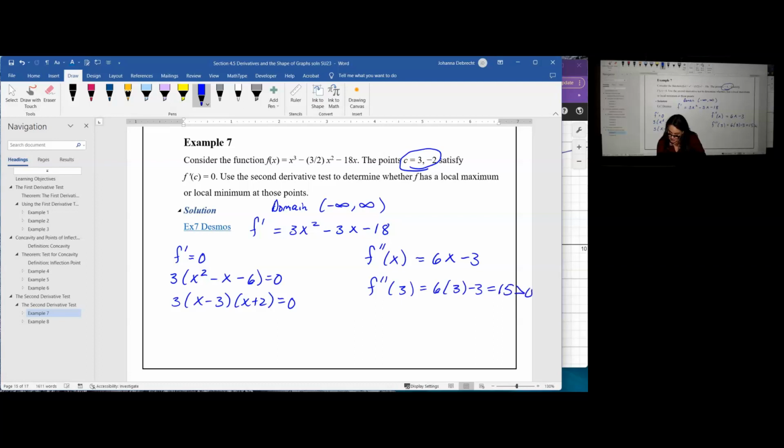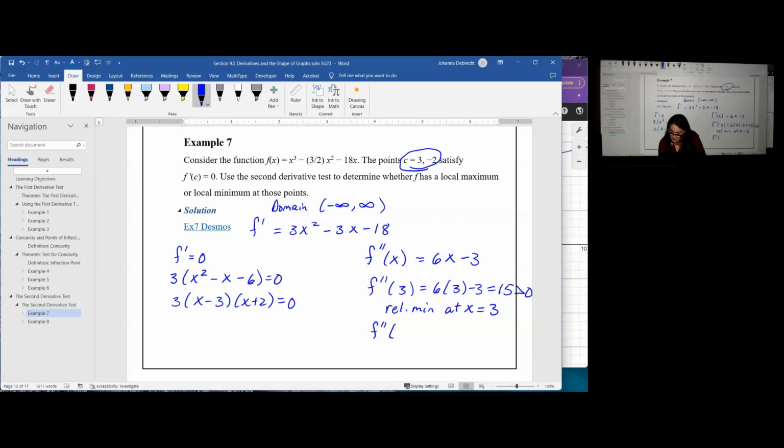This is positive, which tells me that it's concave up there, so I must have a relative minimum when x equals 3. I don't know what the relative minimum is until I substitute it into the original function.